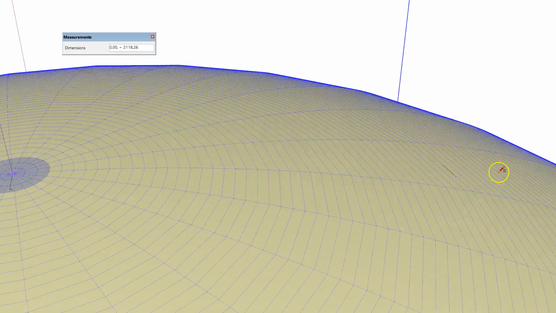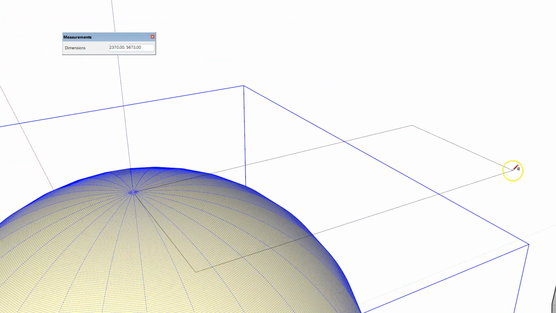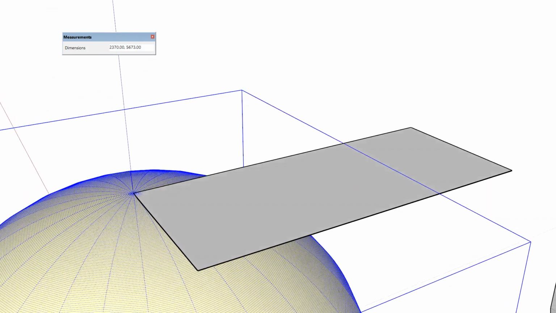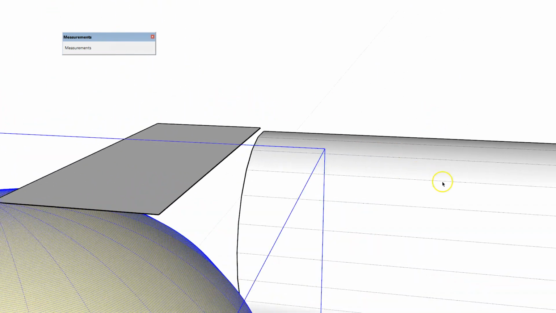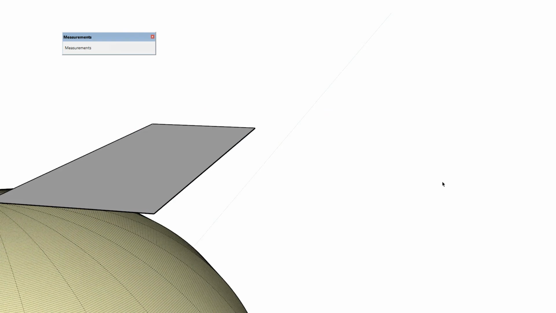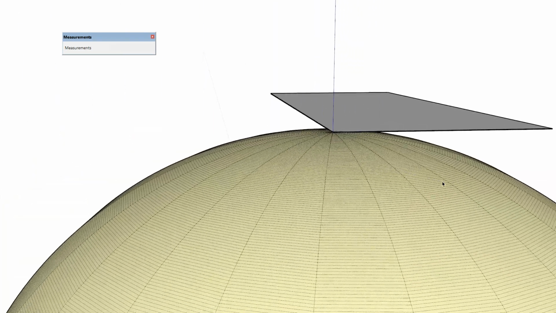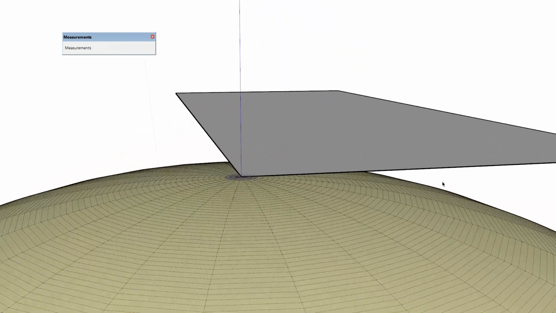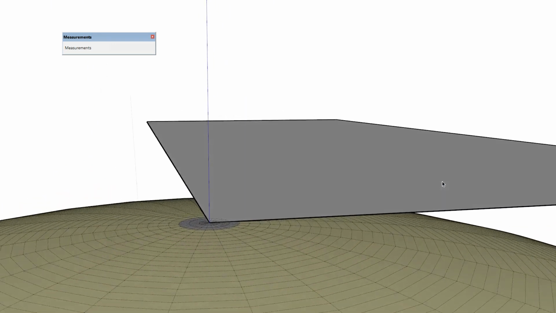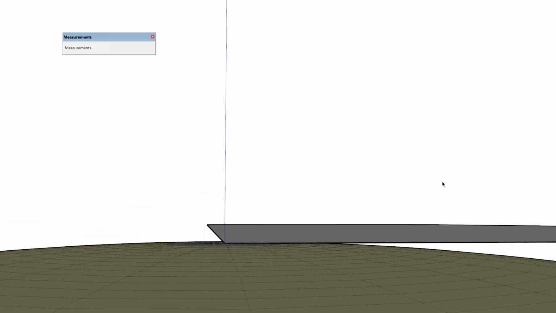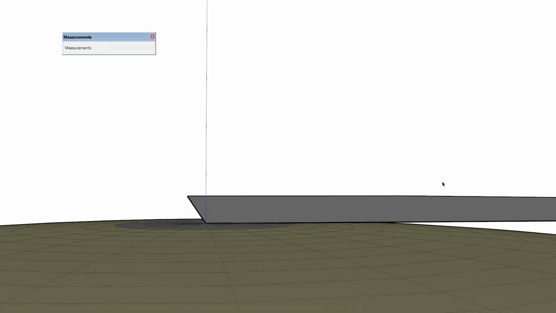I'll show you what I mean by that. So I draw a plane. There's a surface. Now later on we were on that plane. I can delete this now. I don't need that. And we zoom right in here and come right on up and see now. Here we go.